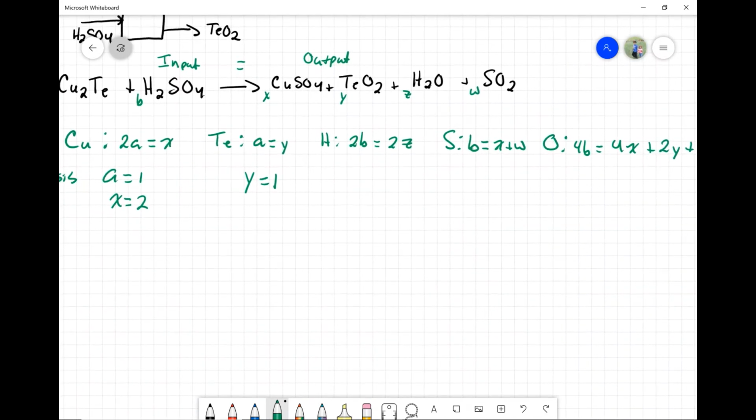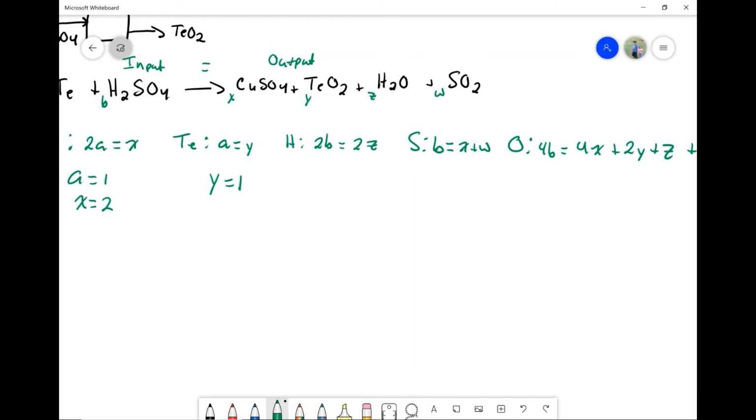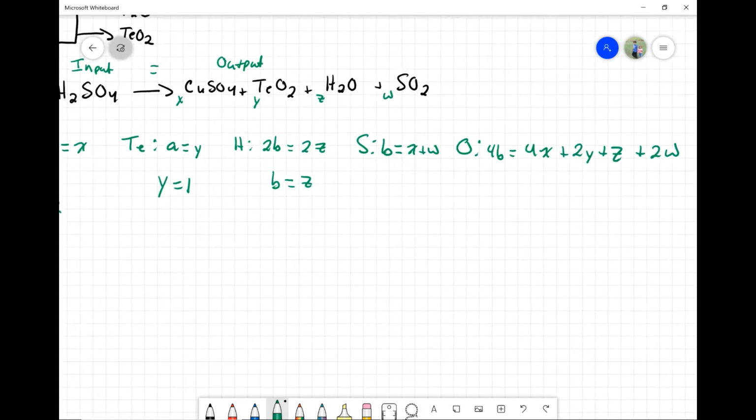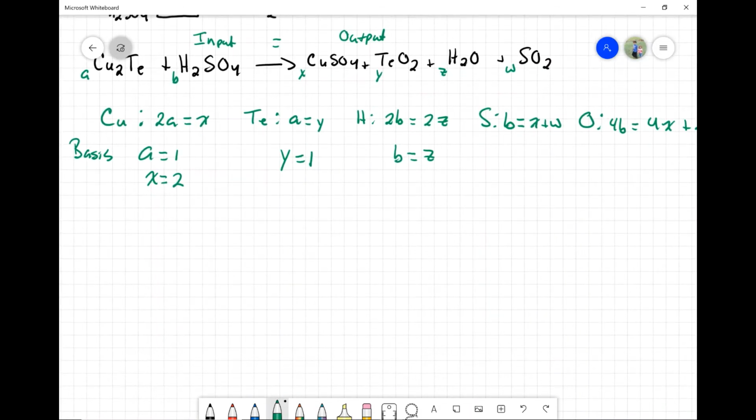This one, b is equal to z, because the 2's cancel on both sides. And so we're going to have to come back to this one. B equals x plus w. So we have an x so far.